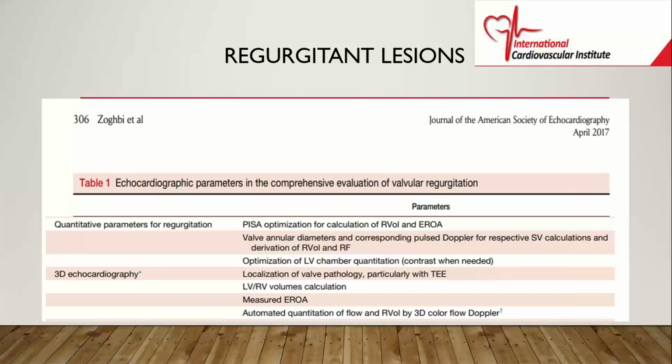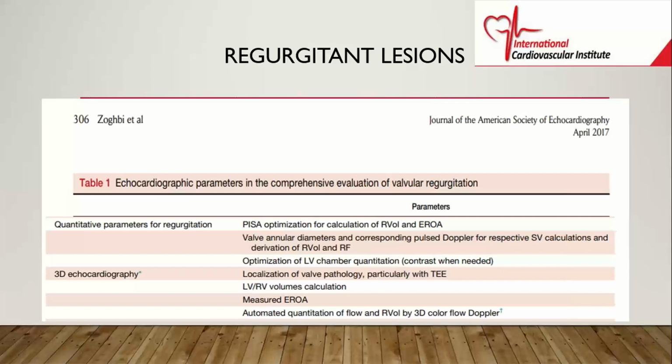So remember, when we have a regurgitant lesion, if we take an example like mitral regurgitation, then you have backflow of blood from the LV cavity across the mitral valve into the left atrium. So the forward flow across the mitral valve in diastole is going to include the normal flow plus the regurgitant flow.